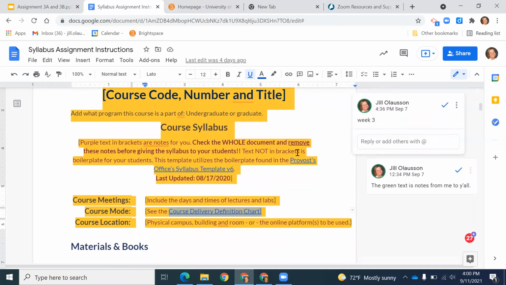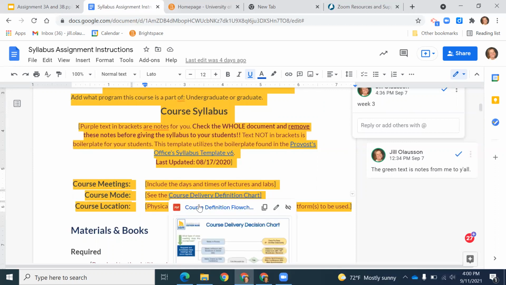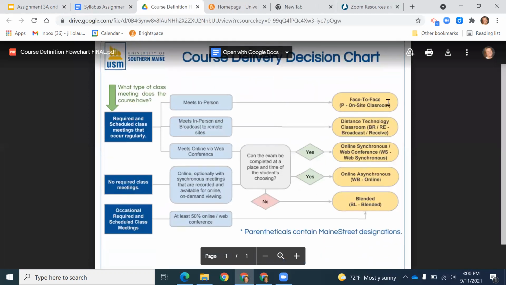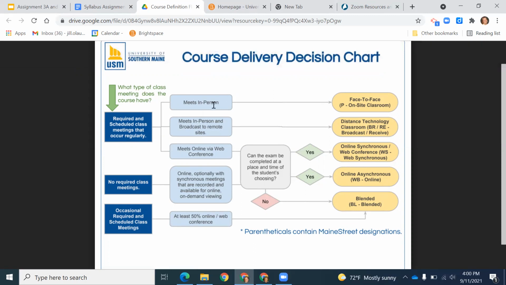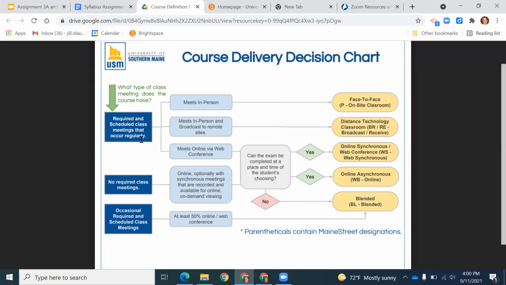So then you would have the course meeting, where you're going to meet, the mode, and then there's a great little thing here that has a course definition. So you can really look at this and say, okay, my course is going to be face-to-face. What is that? Well, go back here. It meets in person, requires scheduled classes that occur regularly.